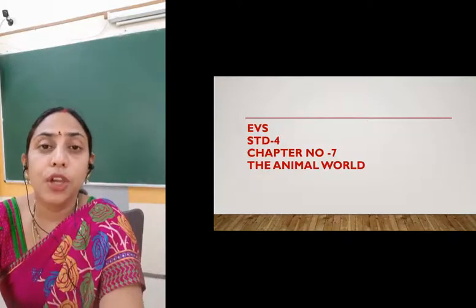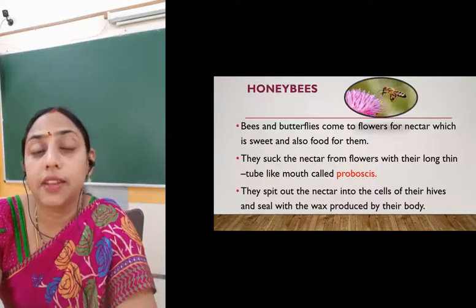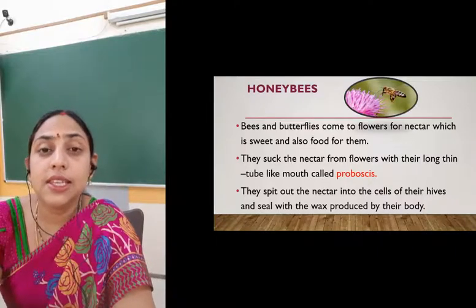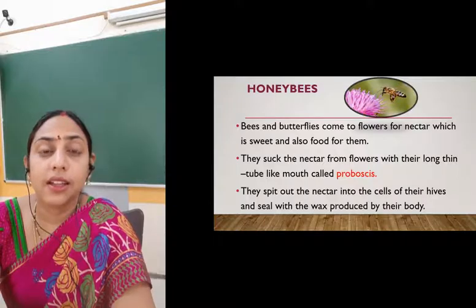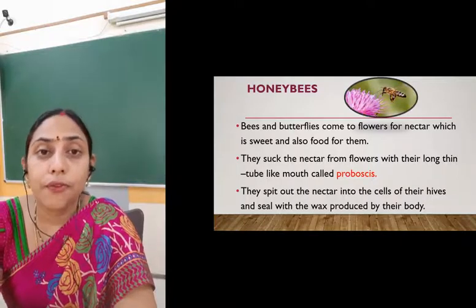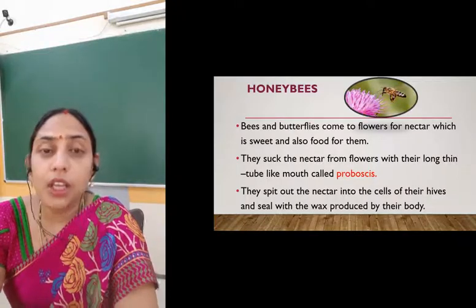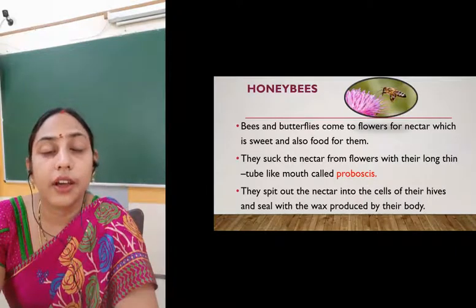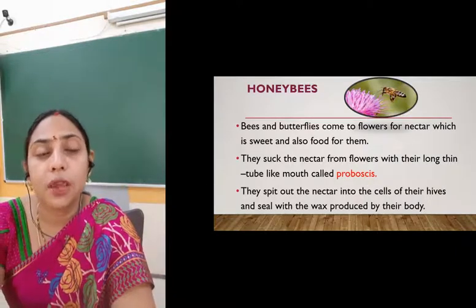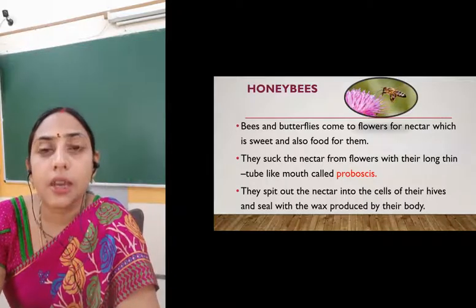Okay. Now if we talk about insects like bees and butterflies, they suck the nectar of the flowers. What is nectar? The sweet juice of the flowers is called nectar, and that is the food for these types of insects like bees and honeybees, right?